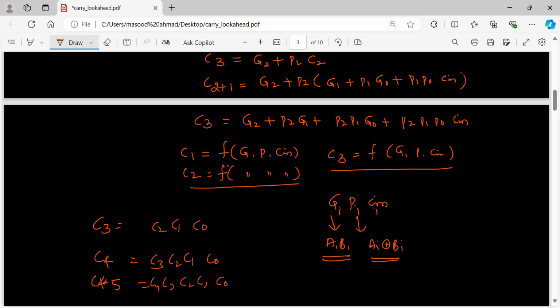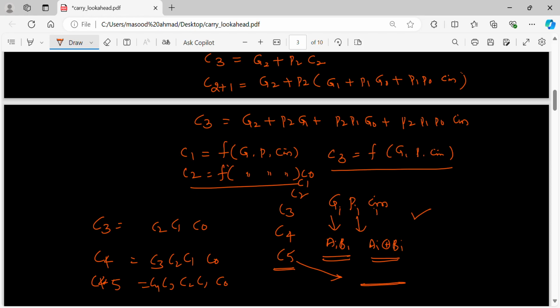From generates, propagates, and Cin, we are able to calculate the carry of interest, maybe C4 or C5 or C3 or C2, from the above expressions. If I want C5, I never depend on the computation of C0, C1, C2, C3, C4. Instead, I use the expression for C5, and then I can compute the value in order to compute the sum.